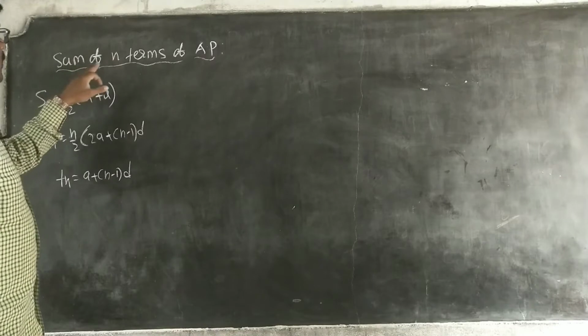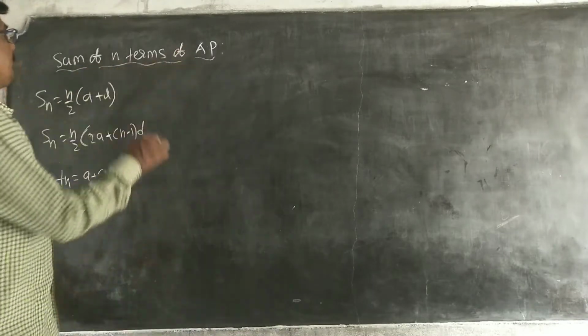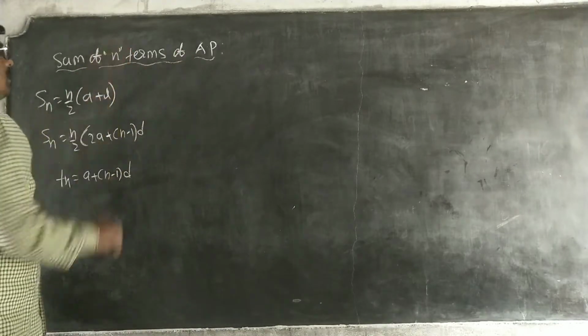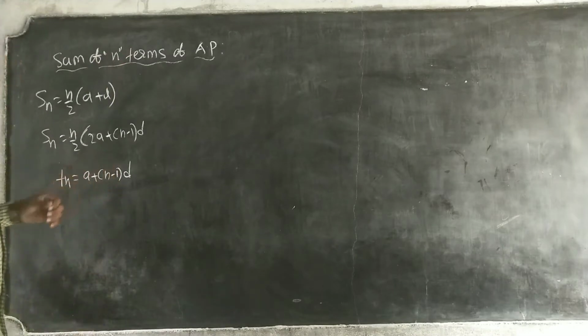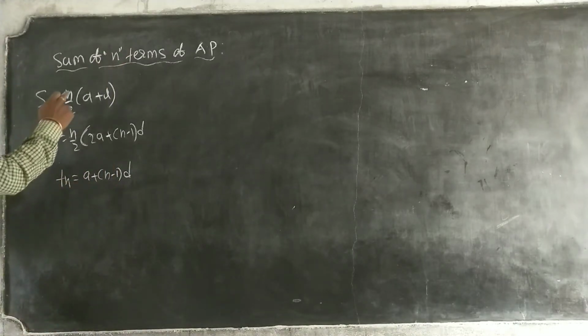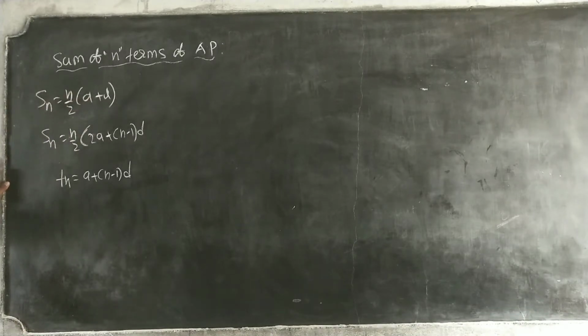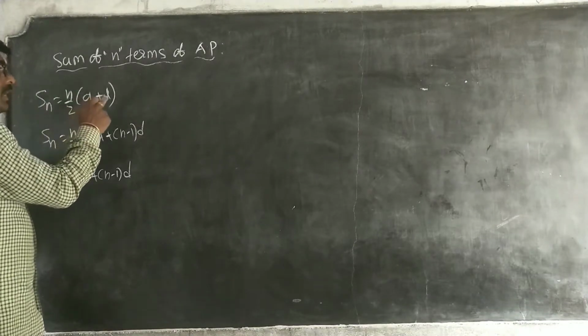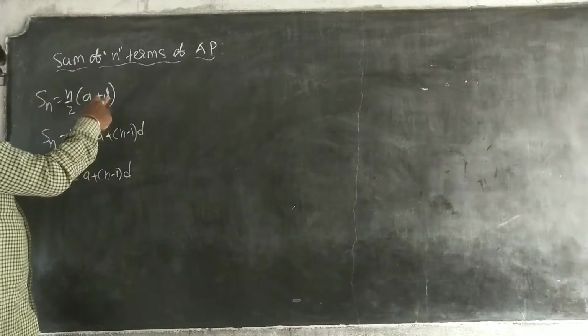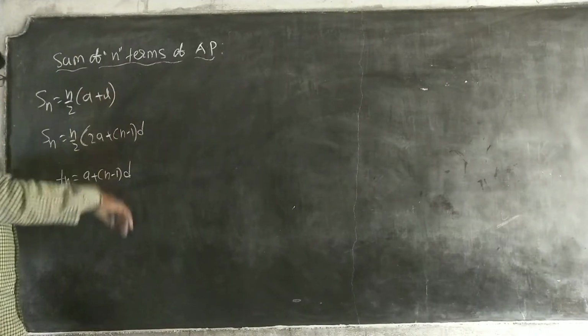Next, sum of n terms of AP. Here we have the formulas. Sn is equal to n by 2 into a plus L. A means first term, L means last term. So we are doing problems, then we can easily understand.